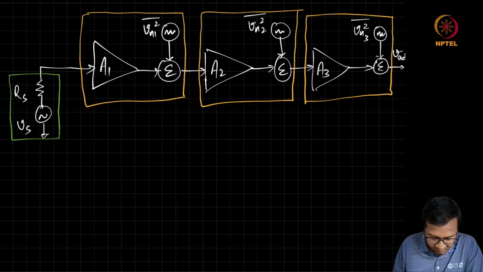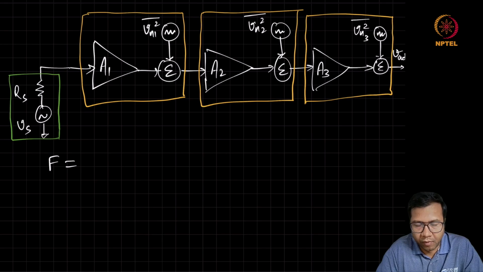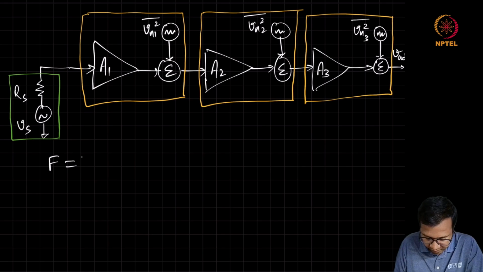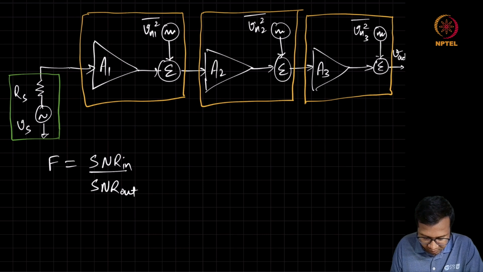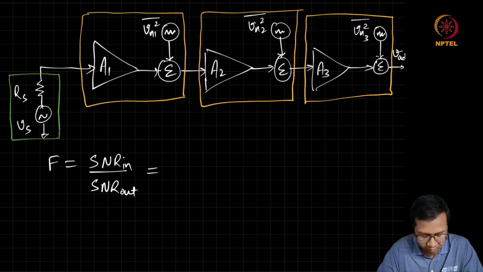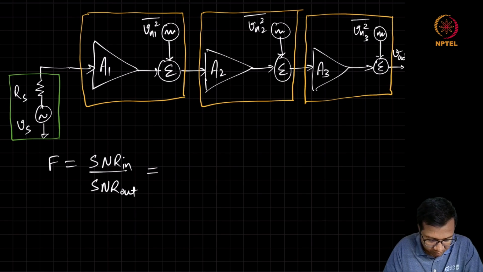So to understand that, let us start with the known formula for noise factor. We know noise factor is SNR in by SNR out. Now in this example, we can see that the SNR in is the power of this signal divided by the noise of Rs.